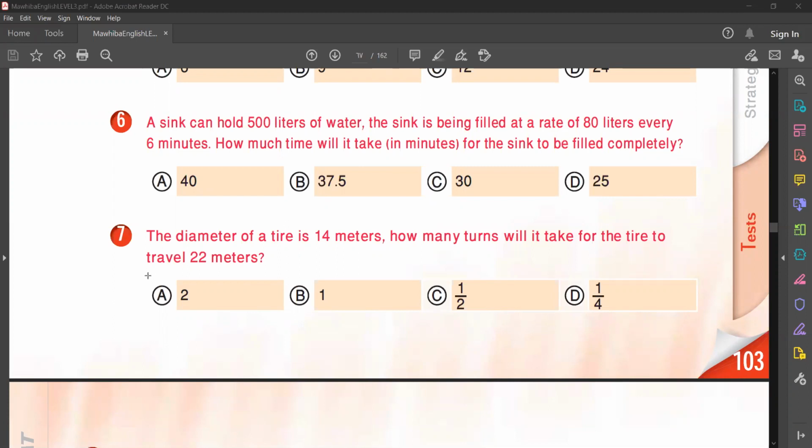Okay. Now the diameter of a tire is 14 meters. How many turns will it take for the tire to travel 22 meters? Look here. We have a diameter of a tire is 14.